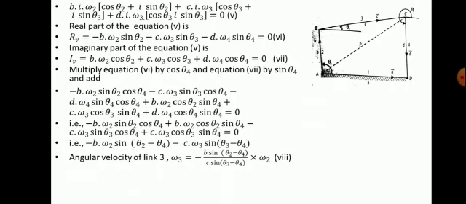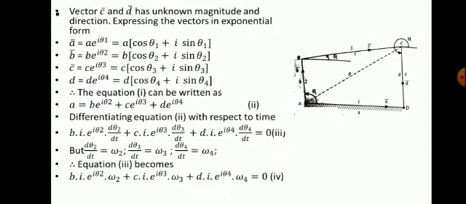Now take b i omega 2 aside. Because e^(i theta 2) is there, substitute e^(i theta) equal to cos theta plus i sin theta in equation 4.